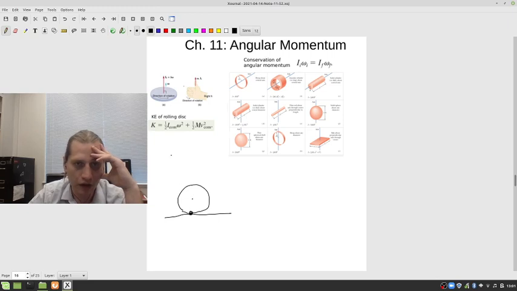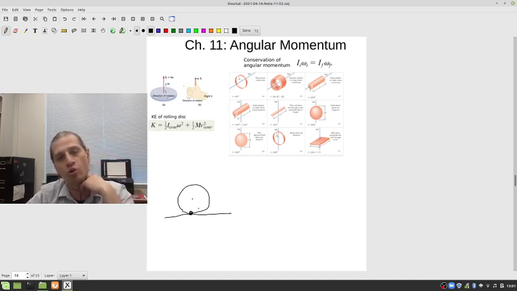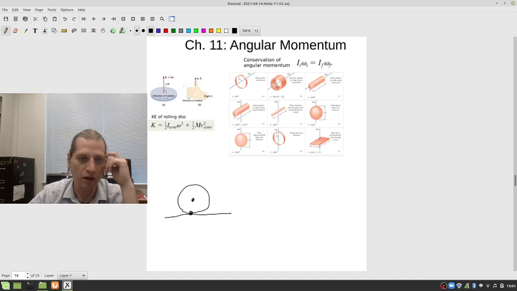So if you want, you can also write the kinetic energy, instead of as a rolling motion that's revolving around a constantly changing axis of rotation, in terms of the spinning kinetic energy plus the translation kinetic energy.